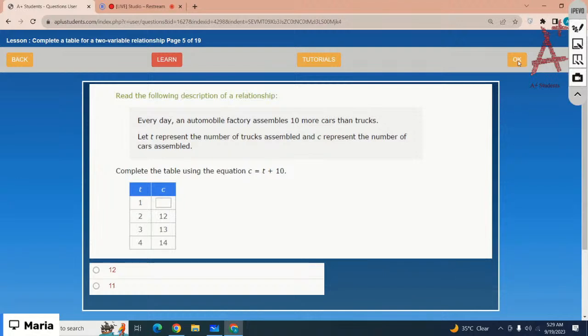So the missing value is 1 plus 10 equals 11, right? That means the missing value is 11.